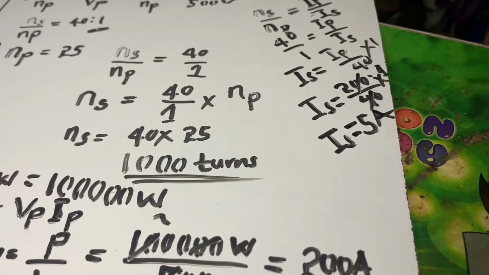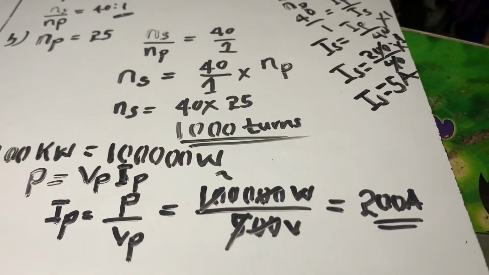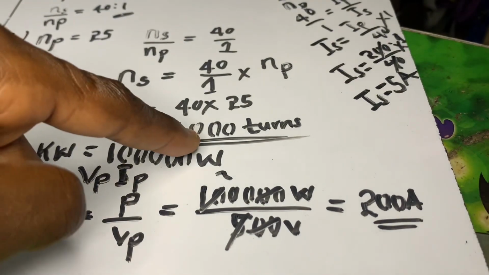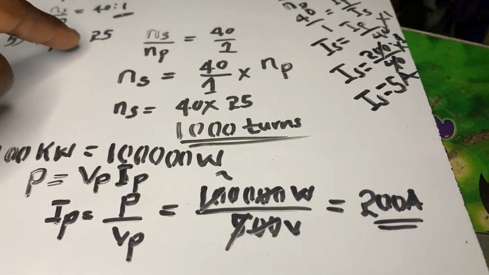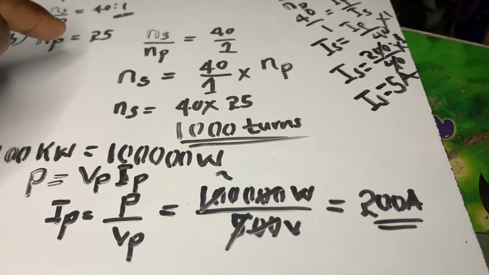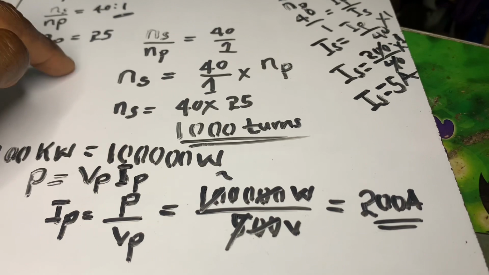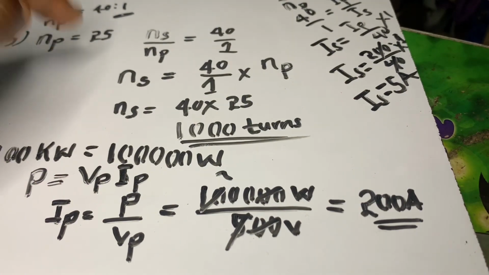So what can we say from it? Let's do some explanation. We realize that the number of turns on the secondary coil was 1,000, and the number of turns on the primary coil was 25. So it means that this was a step up transformer. Should you step up the transformer, you would increase the voltage and then you will reduce the current. Increasing voltage, you will reduce the current.